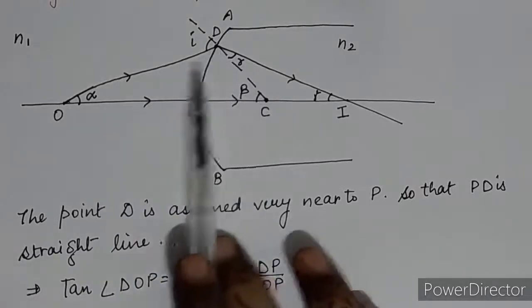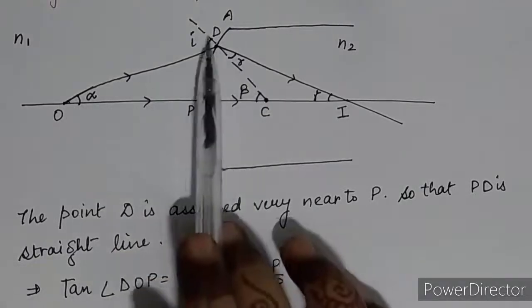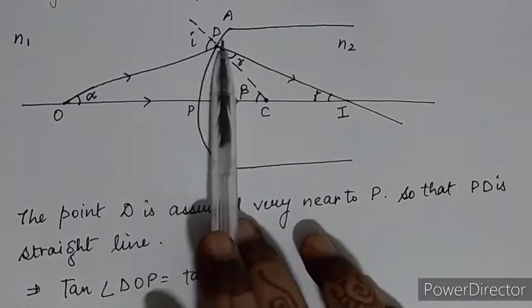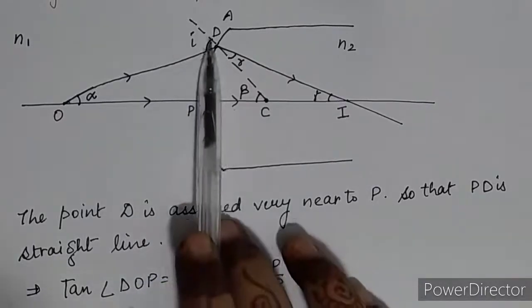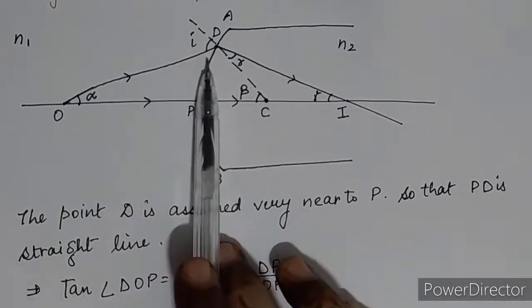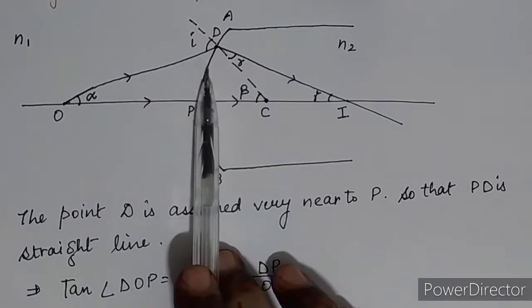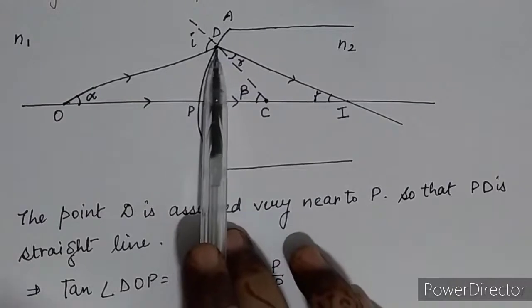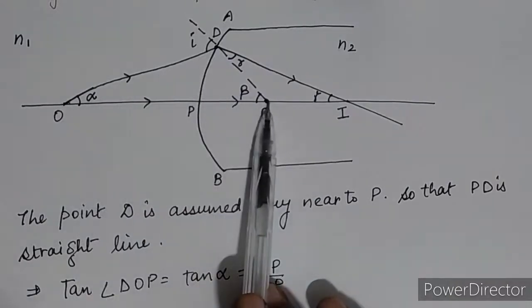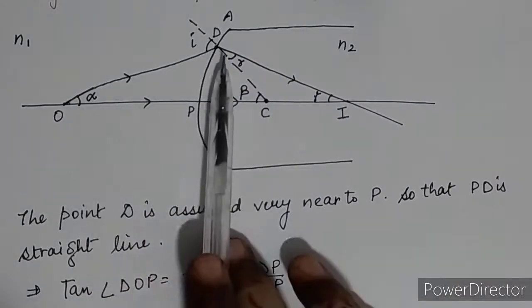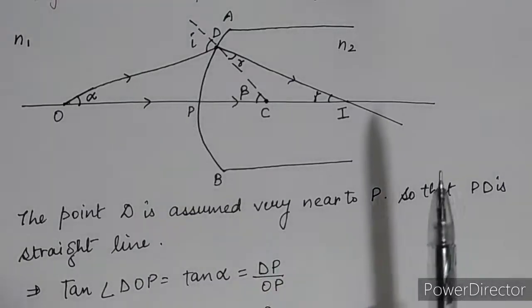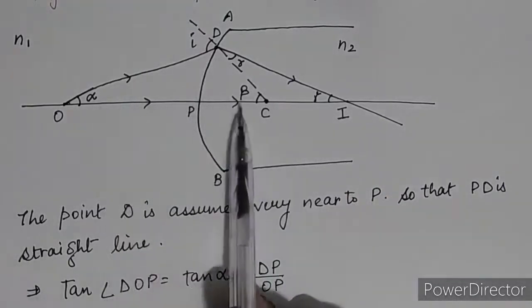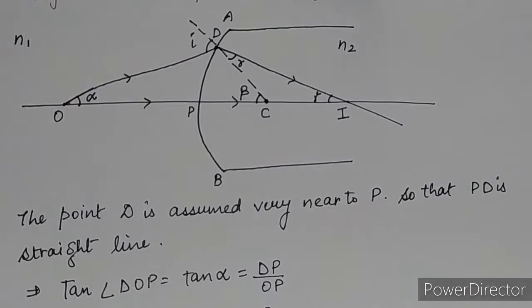You know very well that in this triangle DOC, the angle I behaves as an external angle, and the external angle is the sum of the two internal angles, meaning angle I is the sum of angle DOP and angle DCP. So angle I is equal to alpha plus beta.